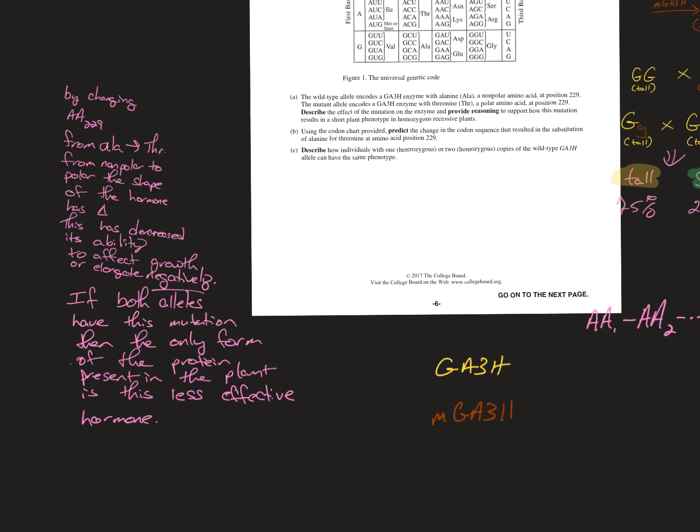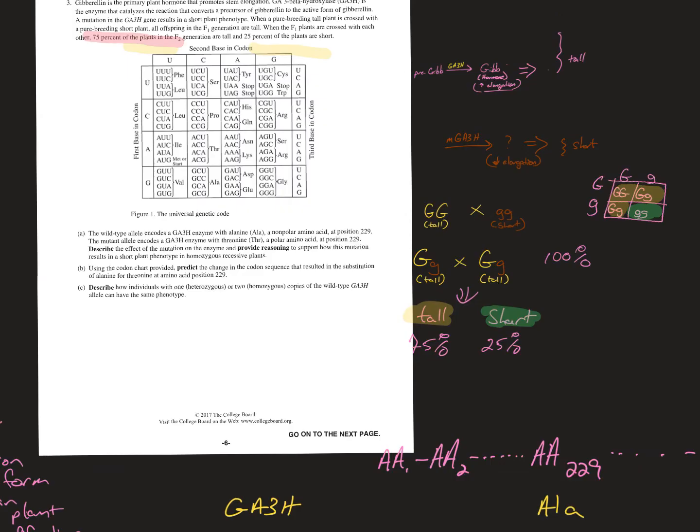matching shape. This question says, using the codon chart provided, predict the change in the codon sequence that resulted in the substitution of alanine for threonine at amino acid position 229. Well, you don't know what the code is, but let's go ahead and look at alanine. How do you get alanine? That's ALA.